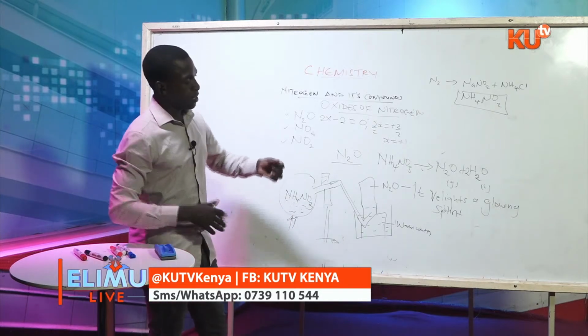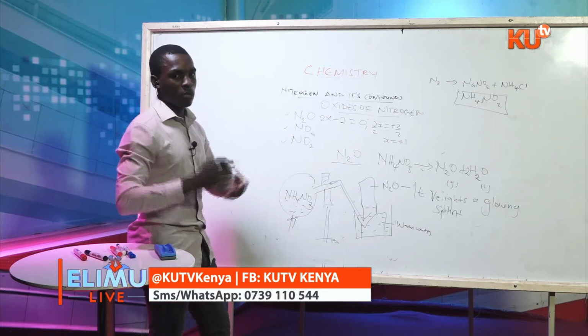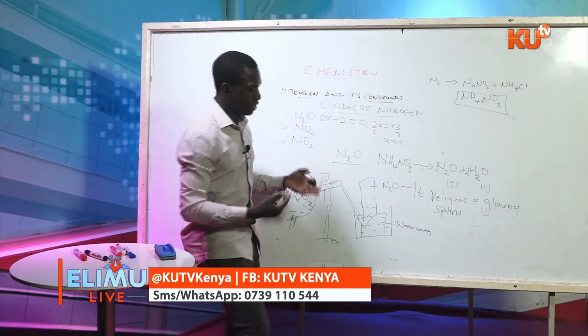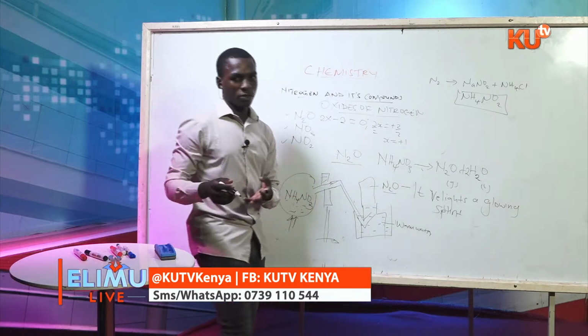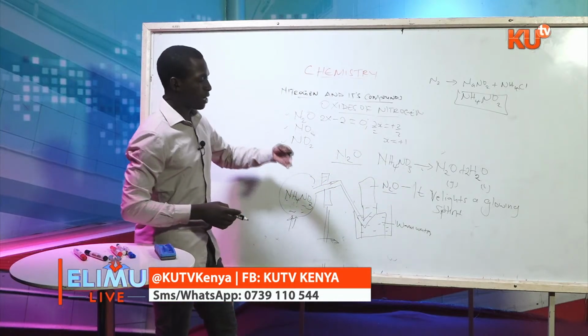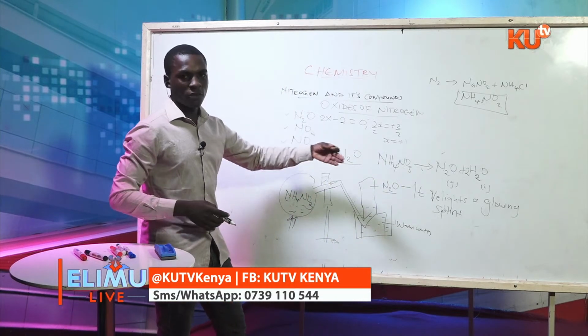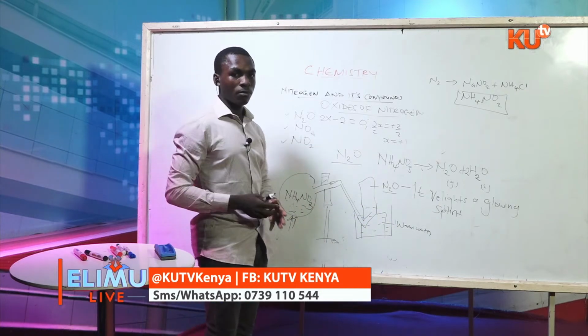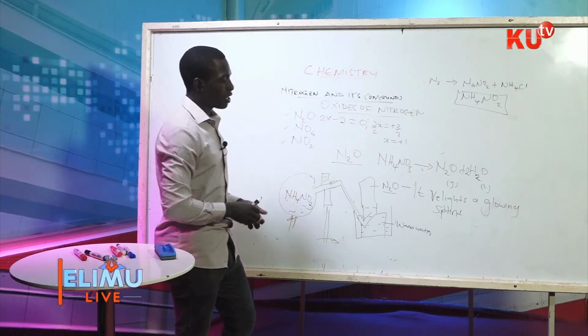However, you will be asked why burning magnesium proceeds to burn in nitrogen 1 oxide. Explain. Now remember, we said that nitrogen 1 oxide does not support combustion. But the question says that burning magnesium will proceed to burn in nitrogen 1 oxide. Why? It's because heavy metals like magnesium produce a lot of heat when burning.